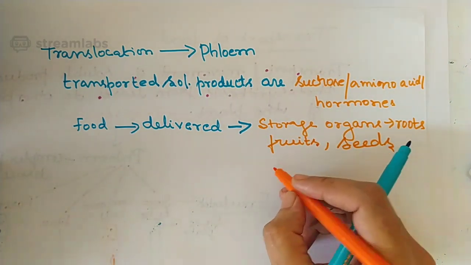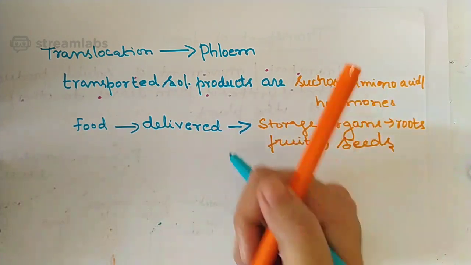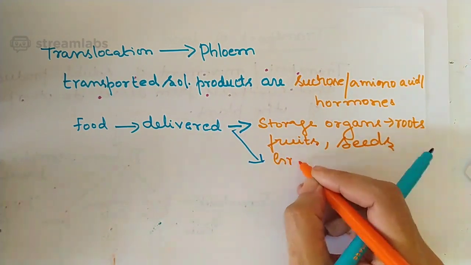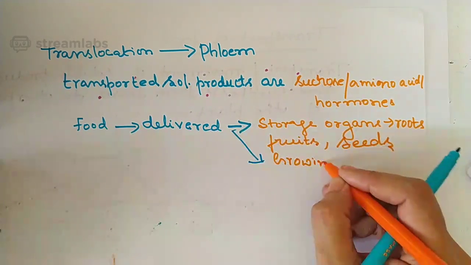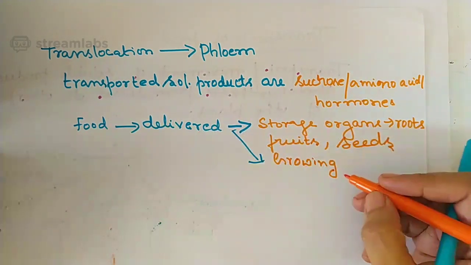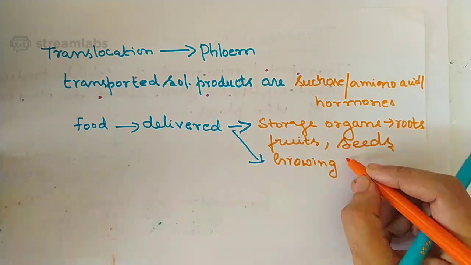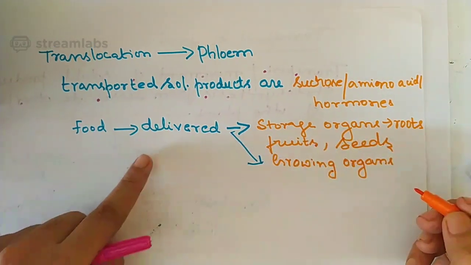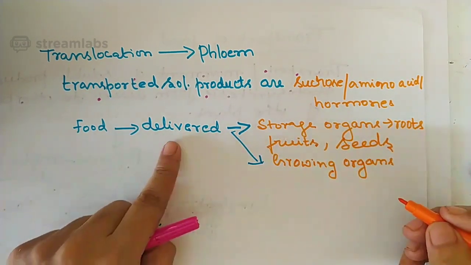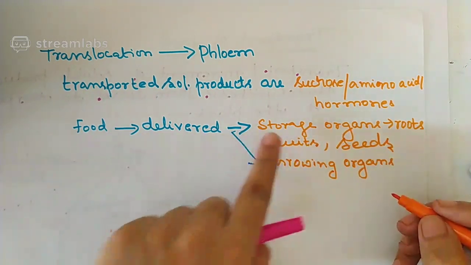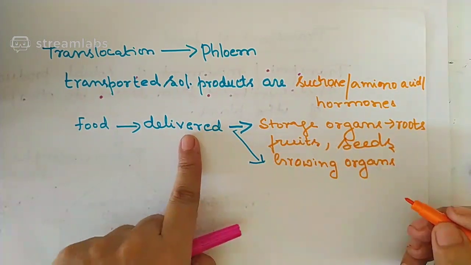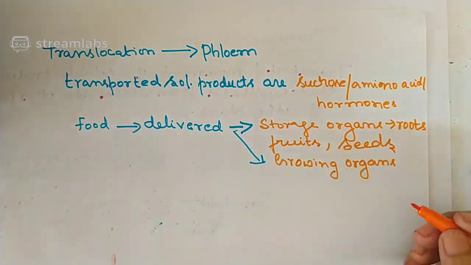And not only storage organs, the food is also delivered to growing organs. Different parts of the plant which are growing also receive the food. The food is delivered through phloem to the storage organs and to the growing organs.